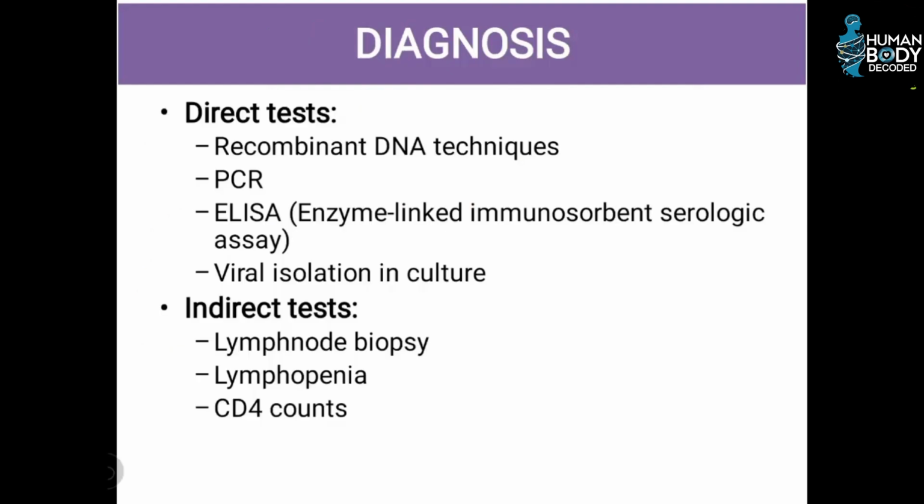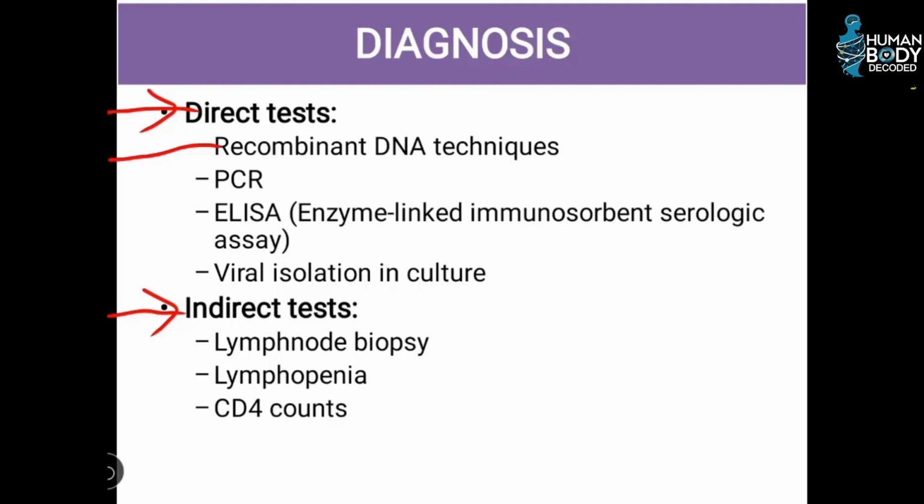Now we come to how it is diagnosed. If someone has HIV, meaning AIDS, for this we do two categories of tests. One is the direct test and the other is the indirect test. In the direct test, there are four tests. The first is recombinant DNA technology.